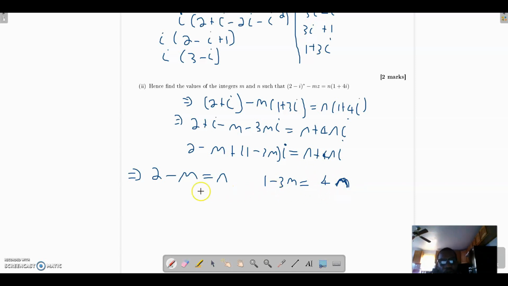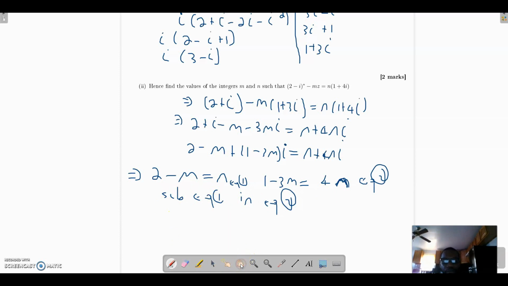Good. Now, call this equation 1 and call this equation 2. The beauty about this is that you already have n as the subject of the formula, so you can simply sub equation 1 in equation 2. All right.